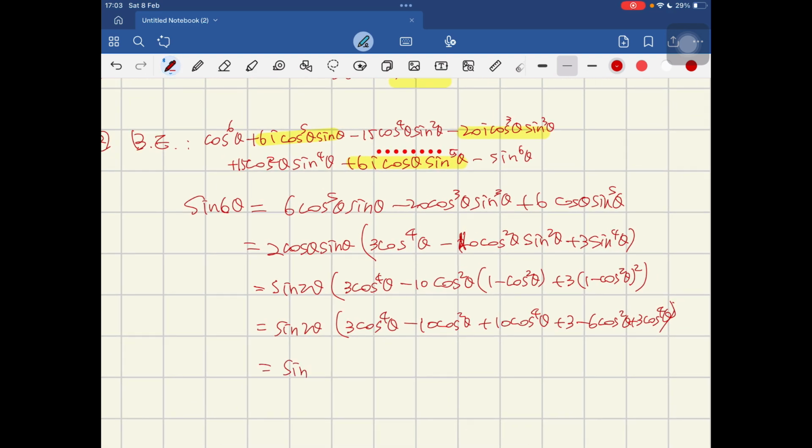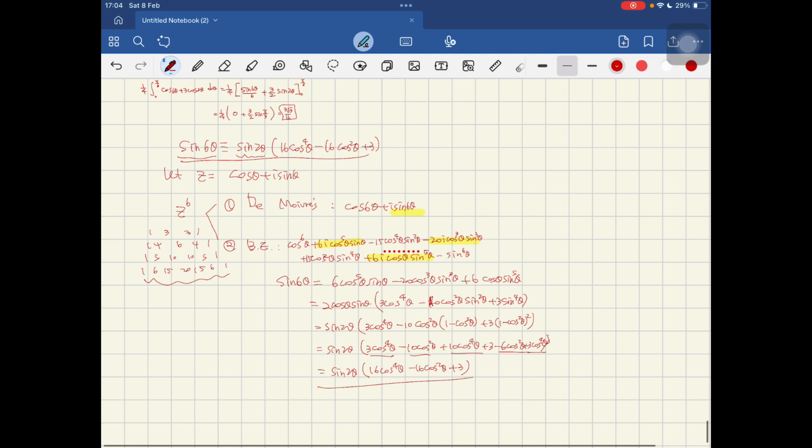And sine 2 theta times 16 cos 4 minus 16 cos squared plus 3, which is, yeah, we made it.